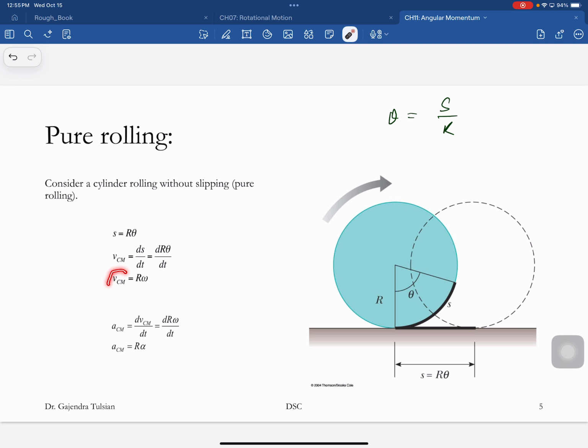Again, take the derivative of that. The center of mass acceleration, again, R is constant, is R times alpha. So the center of mass acceleration is the wheel size times the angular acceleration. Okay? And to get angular acceleration, you of course need torque. Okay? And so if you look up here, and we'll come to this, so this is the moment of inertia.